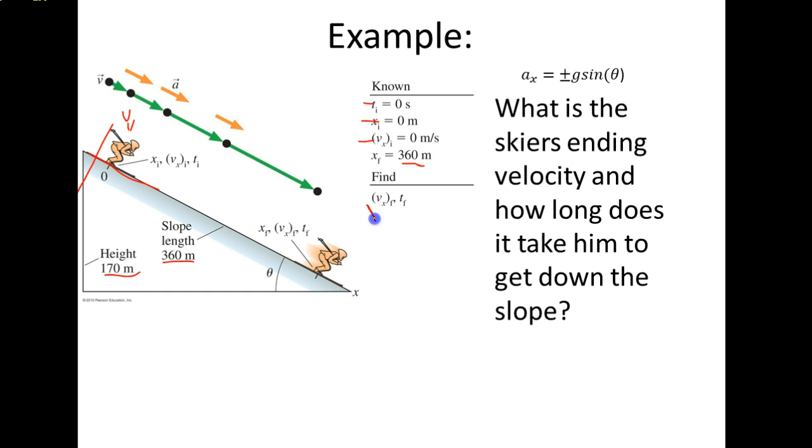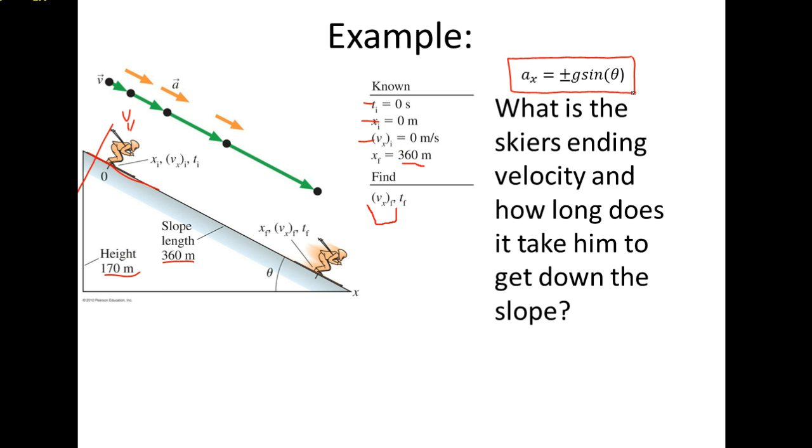Let's pretend that I want to know the final velocity of my skier. And so I look at my constant acceleration problems and I figure, okay, well, the big thing I'm missing here is, what is his acceleration down the hill? This isn't a free fall problem, and so I know I'm going to have to use this formula.